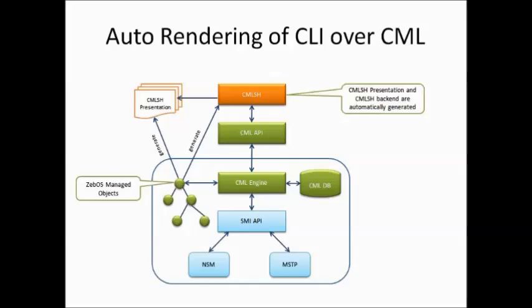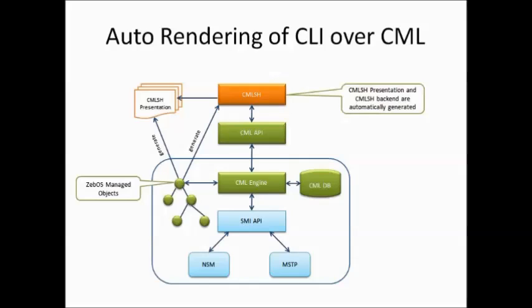So here again, when you create the data model, we have a set of tools which generate automatically the CLI out of the data model, and those CLI internally would use CML APIs to actually send the configuration request to the CML engine, and CML engine subsequently will use the SMI API to perform the configuration operations on the southbound applications or the system.